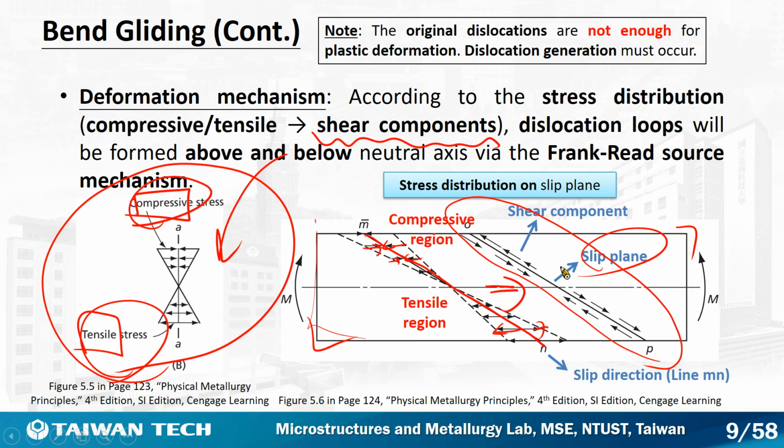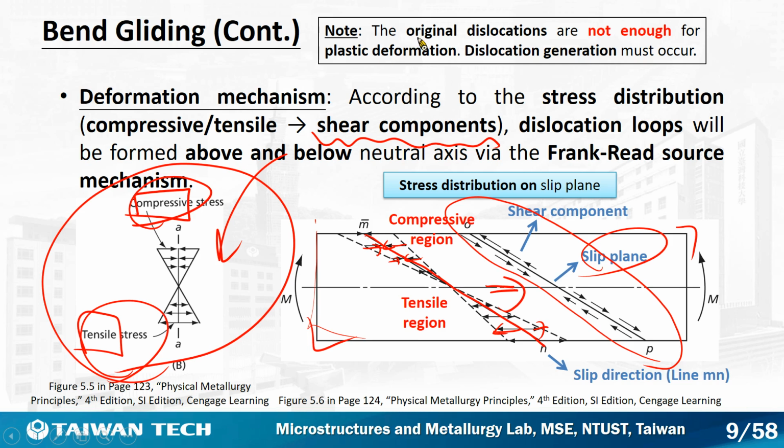And then the band gliding mechanism, as we mentioned, is related to the slip. However, as we said, it's not possible for the original dislocations to cause the large plastic deformation amount. So we must have a mechanism for dislocation generation.